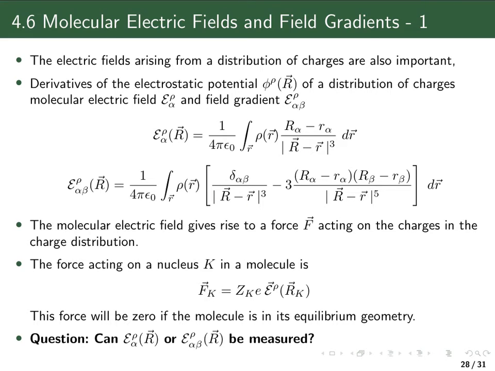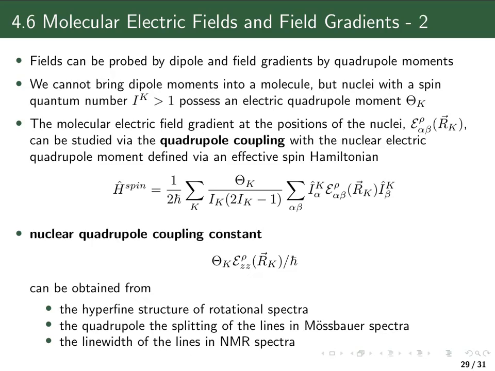So it's very much like an expression like the electric dipole moment, which was also an integral over the charge distribution, and then just a position vector here, which means we can calculate it. Now we have so far always looked at it in a different way. We looked at moments which we measured by applying fields, or quadrupole moments by applying field gradients. But of course we can turn that around.